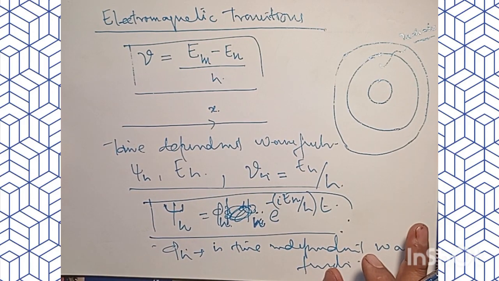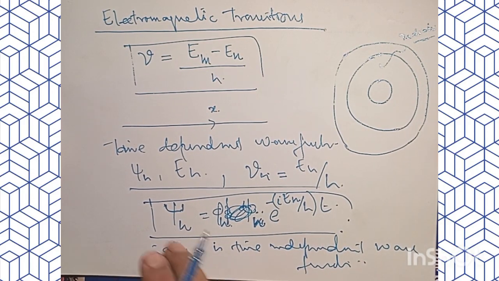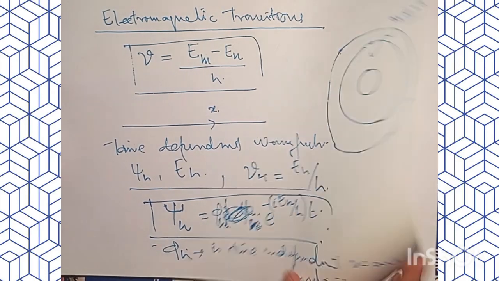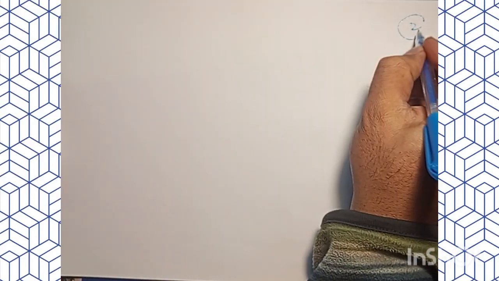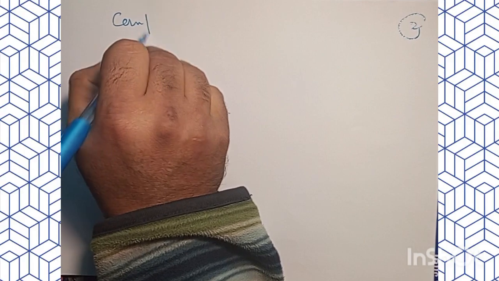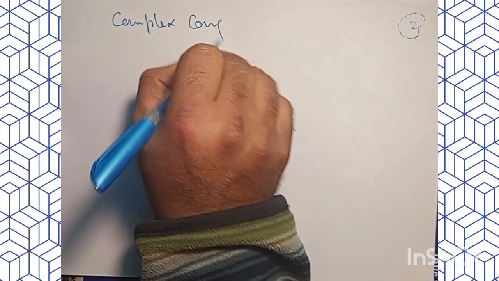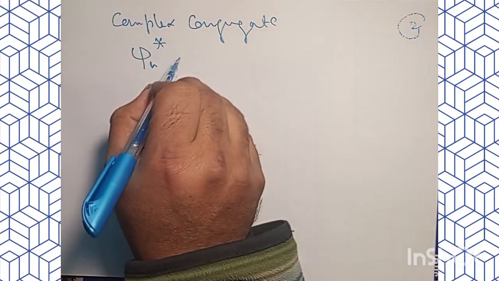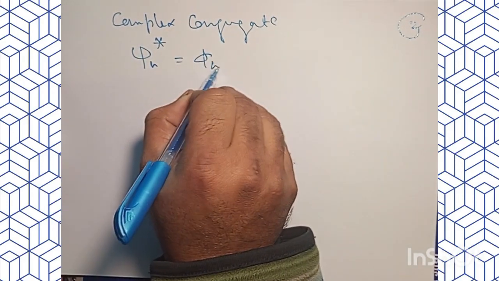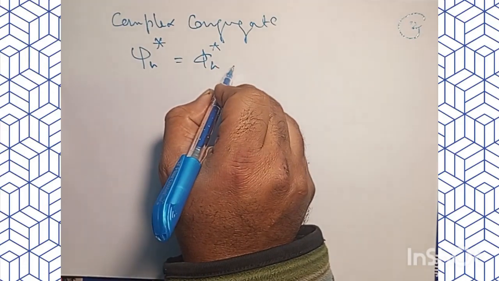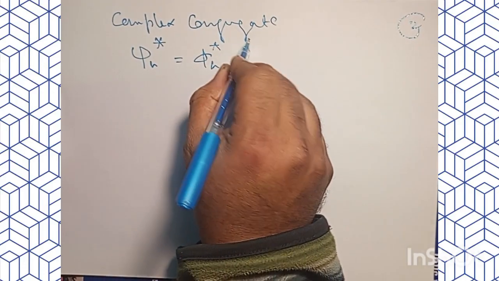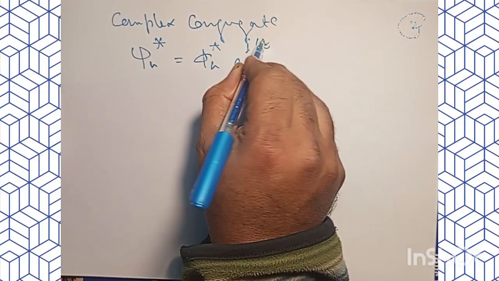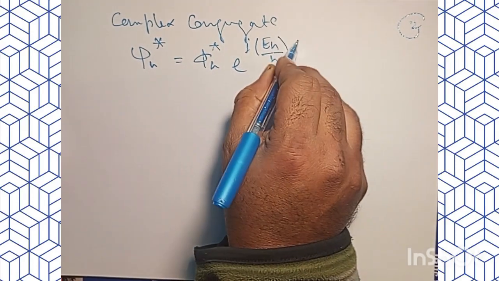We can immediately think of the complex conjugate of this psi n. What will be the complex conjugate? It will be psi n star equals phi n star e to the power of i En by h times t.